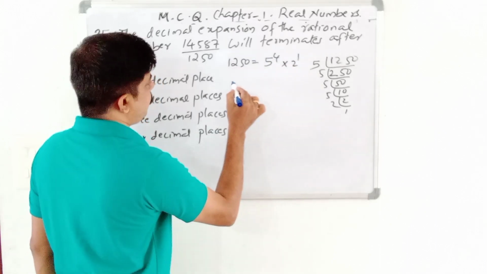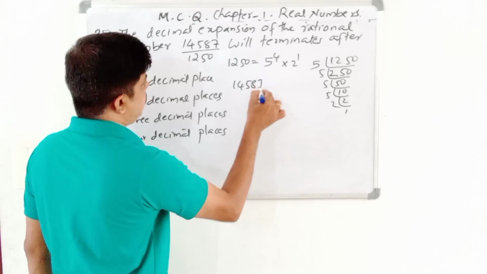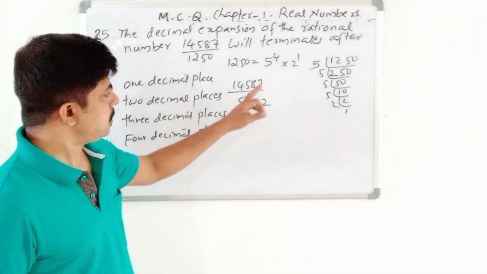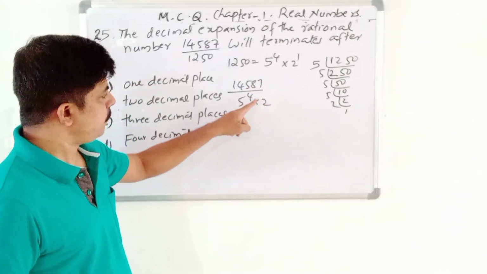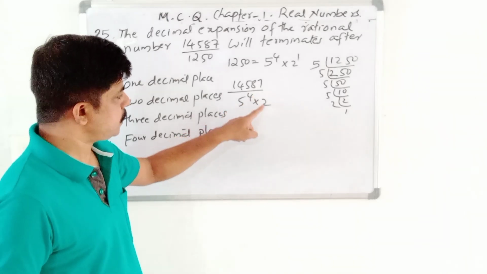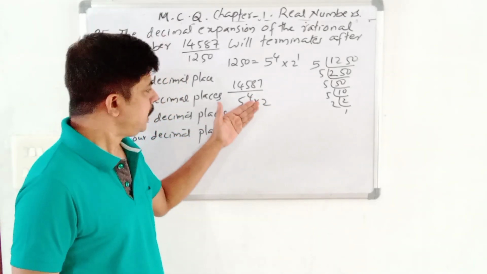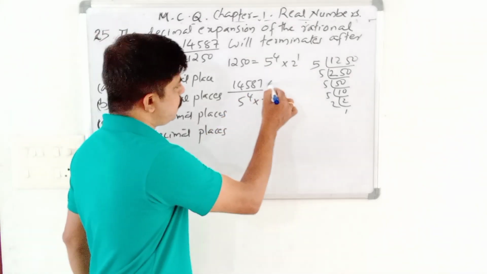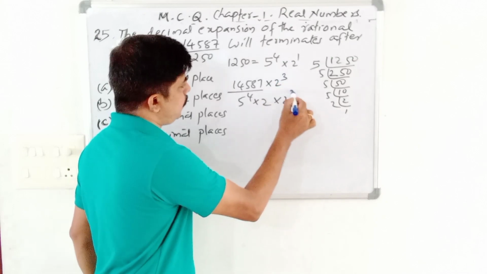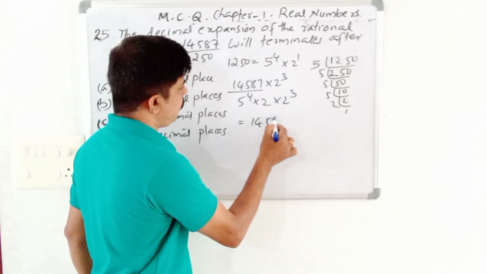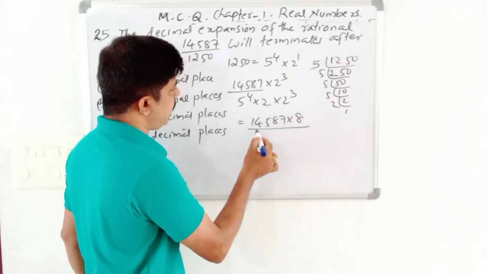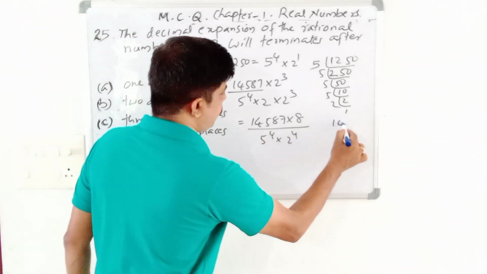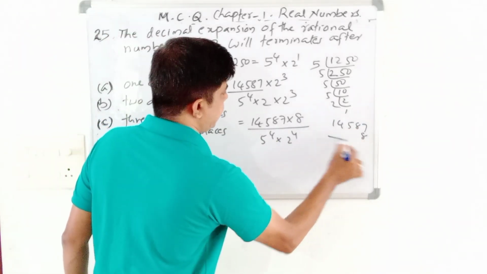Now we have to find the decimal expansion of this rational number. We can see that 5 appears 4 times, so 2 also must come 4 times. Therefore, we should multiply both numerator and denominator by 2 raised to 3: 14587 into 8 divided by 5 raised to 4 into 2 raised to 4. We have to multiply 14587 into 8.